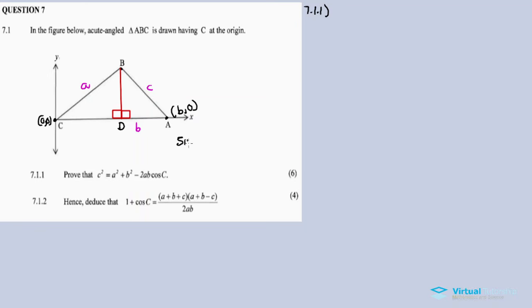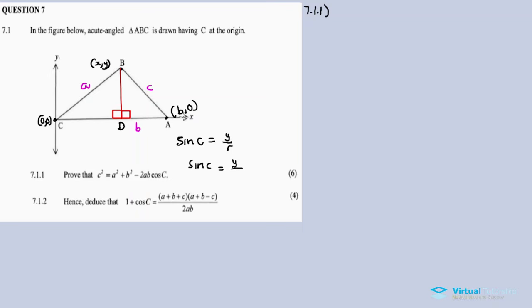So sine of angle C is equal to y over r. Sine C is equal to y, opposite over hypotenuse. Y is in fact the y coordinate of B, the point (x, y). This is the right angle triangle: sine is opposite over hypotenuse, cosine is adjacent over hypotenuse.